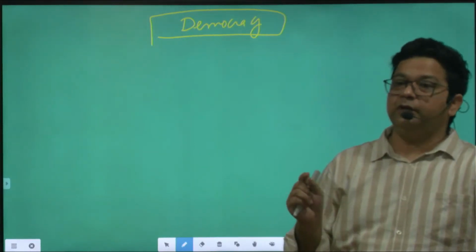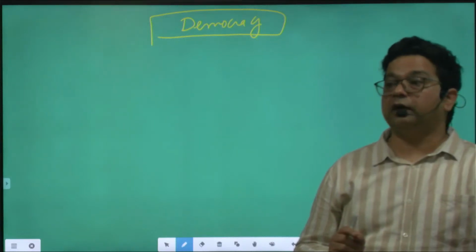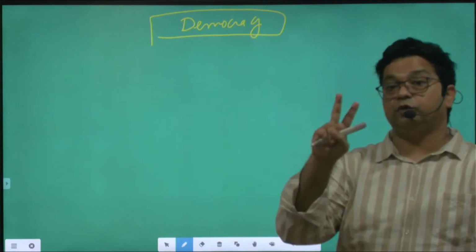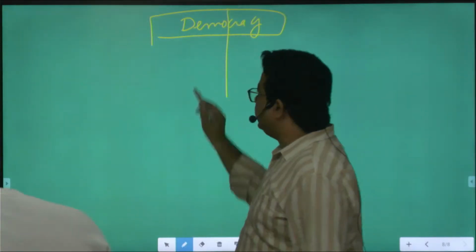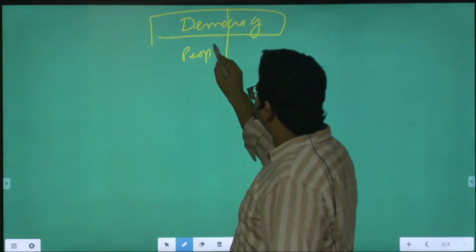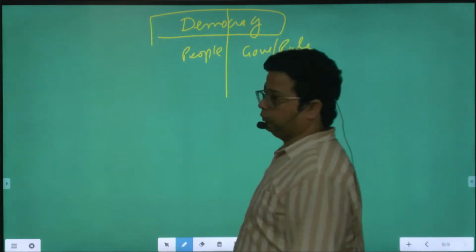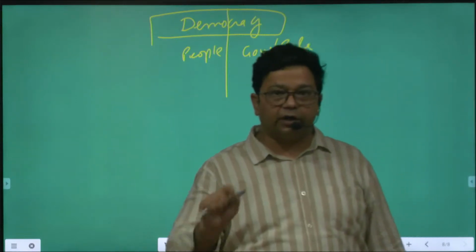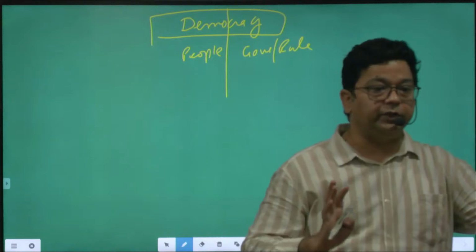But what does the term democracy mean? Democracy is a combination of two terms: demo and cracy. Demo means people. Cracy means government or rule. So democracy means people's rule, or rule by the people.